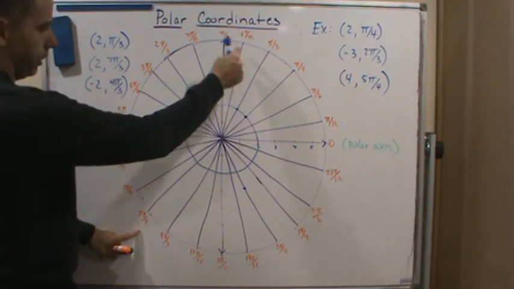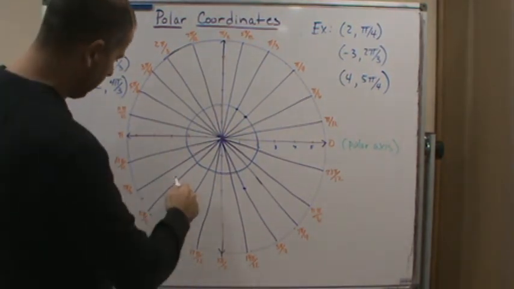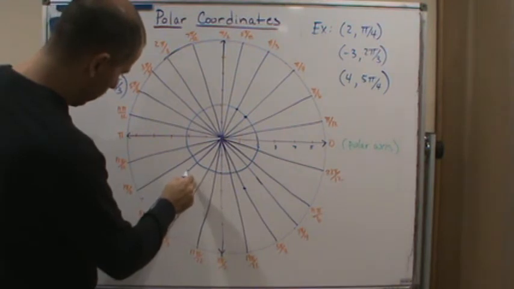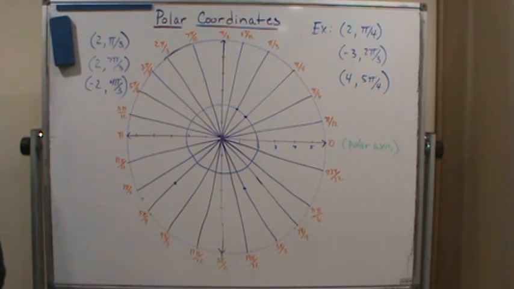So we're going to go all the way around to 5 pi over 4, which is right here. And that's going to put us at 4, which is going to be 1, 2, 3, 4. Let's say right about here. Okay. And again, I could do many different ways, right? So we've got that one.